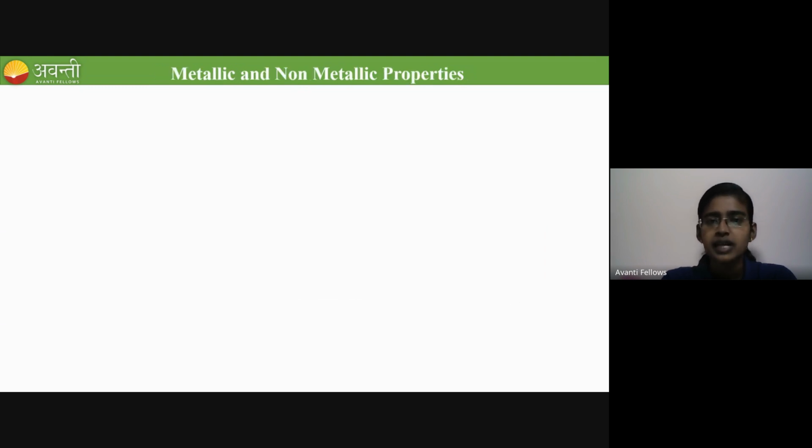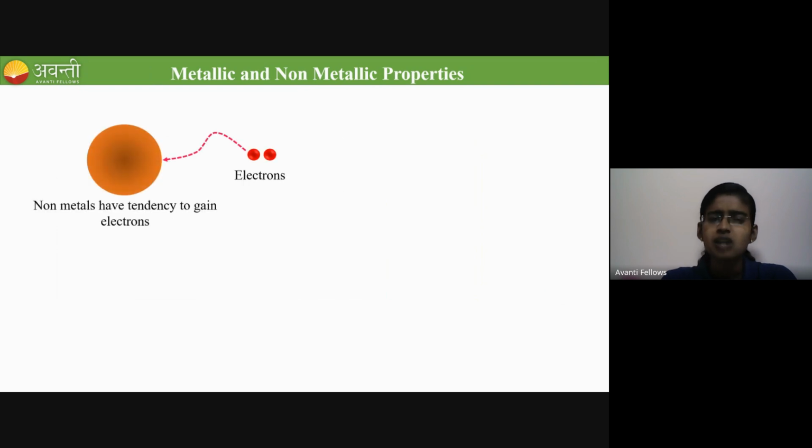And coming to the metallic and non-metallic properties, non-metals always have the tendency to gain electrons. Non-metals in the sense, fluorine, chlorine, oxygen, they are non-metals, right? So they have the highest tendency to gain electrons.